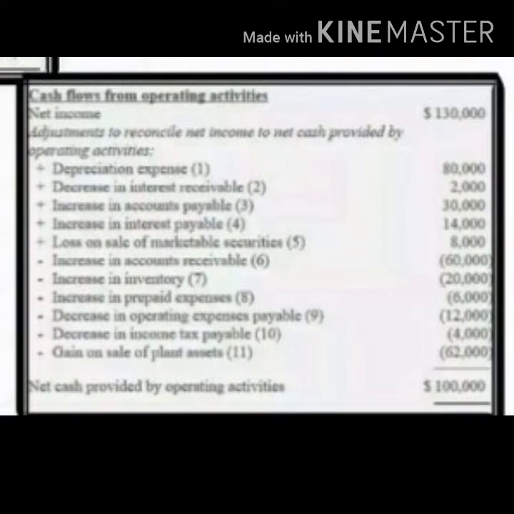And in the cash flow statement from the operating activities, it shows the net income and also the adjustments to reconcile the net income to the net cash provided by operating activities, such as the depreciation expense, decrease in interest receivable, increase in accounts payable, increase in interest payable, loss on sale of marketable securities, increase in accounts receivable, increase in inventory, increase in prepaid expenses, decrease in operating expenses payable, and others.